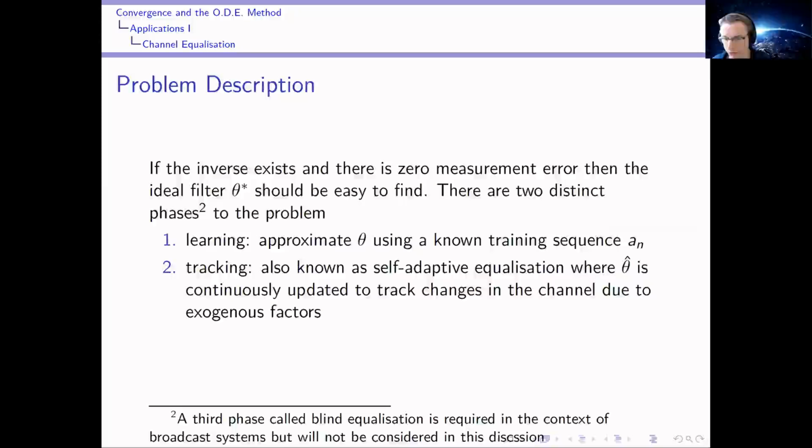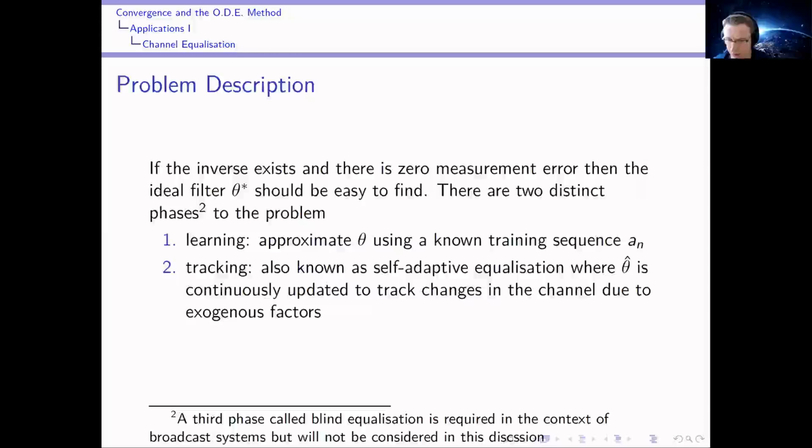And in the second problem, this is where we might want to continuously track parameter changes that can occur due to external influences, for example, atmospheric effects and whatnot. There's a third phase, which is called blind equalization, in which the channel cannot be learned. And this might be a case in, say, broadcast systems where receivers may be acquiring and releasing the channel.